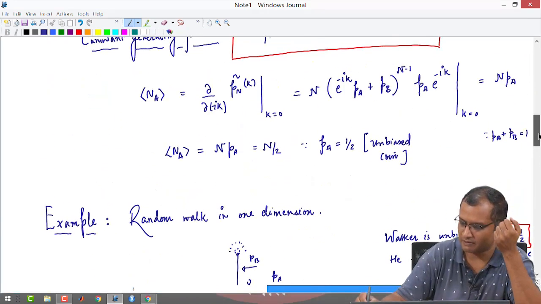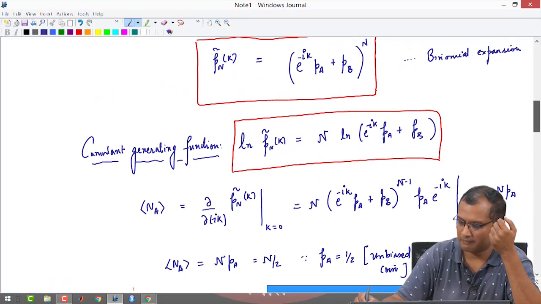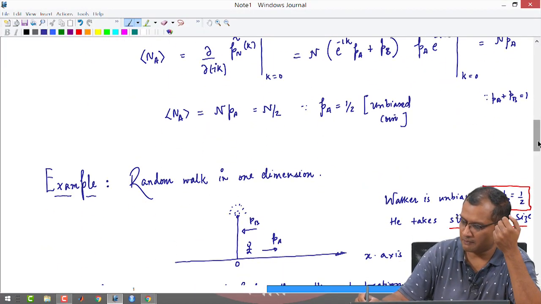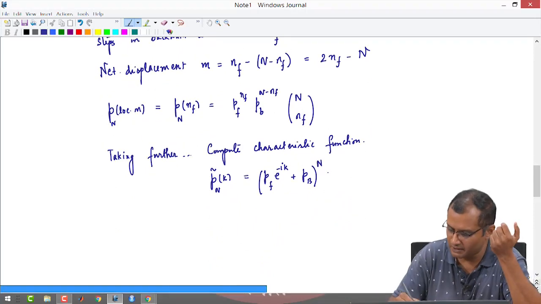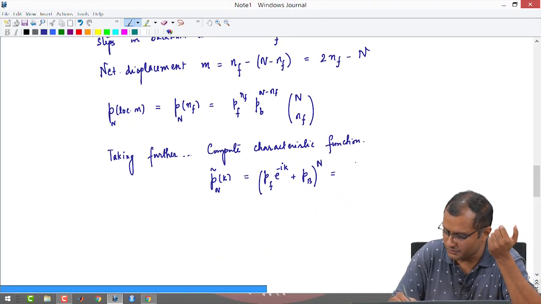This is the expression here. So, let us plug the values of forward and backward. We know these are half. So, what you have is basically e raised to minus ik.